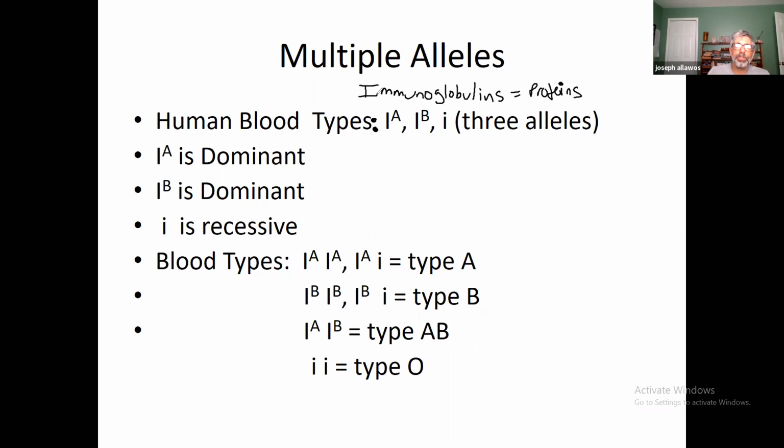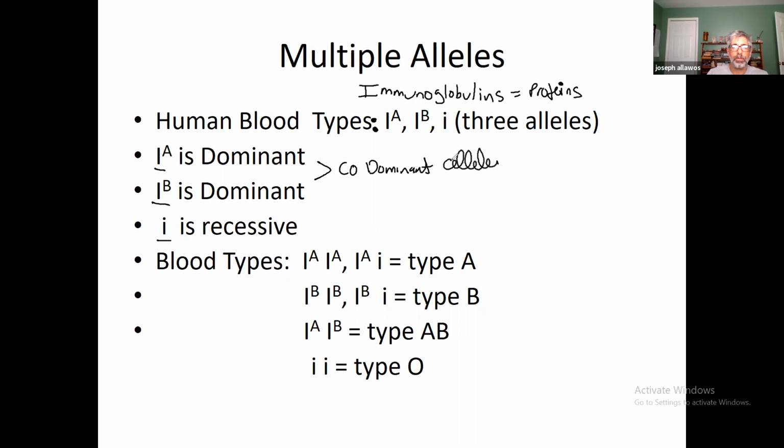We use the I to represent immunoglobulin, and then we're designating one dominant allele as I to the A, right here. That's one allele. We have a second dominant that's I to the B. And then we use a little i to represent recessive. So these 2 are co-dominant alleles.